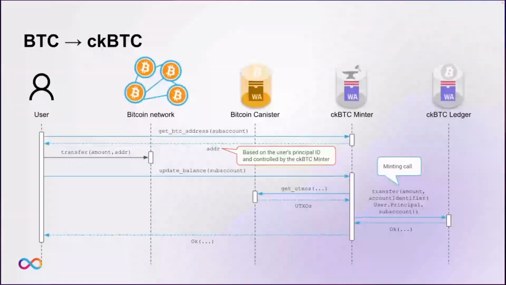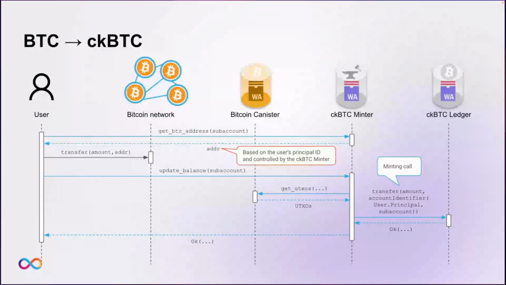Now that we know what ckBTC is, let's see how it builds on top of the Bitcoin direct integration by looking at the process of converting BTC into ckBTC. We start by querying the ckBTC minter for a Bitcoin address that is reserved for us on the Bitcoin network.